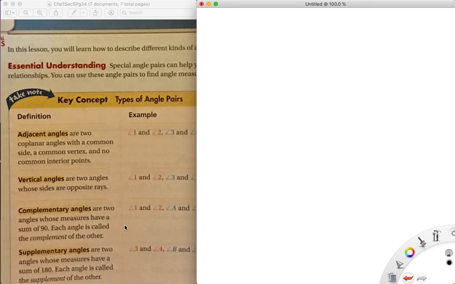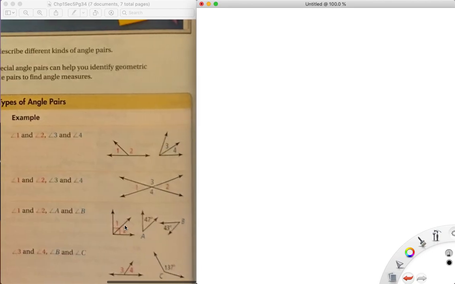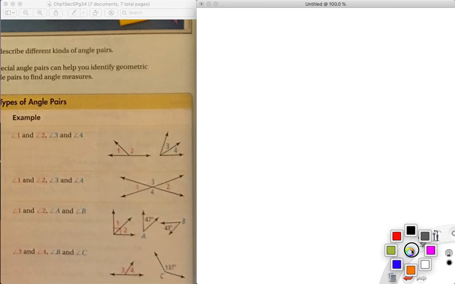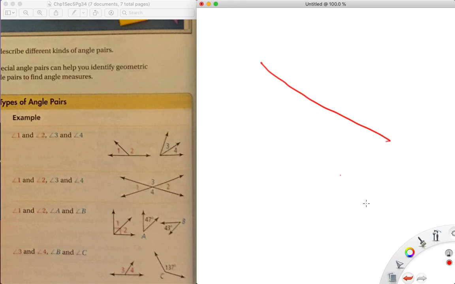Vertical angles. Vertical angles are two angles whose sides are opposite rays. So let's look at this. How would I want to do this? Sides are opposite rays. Okay. Let's see if that works.